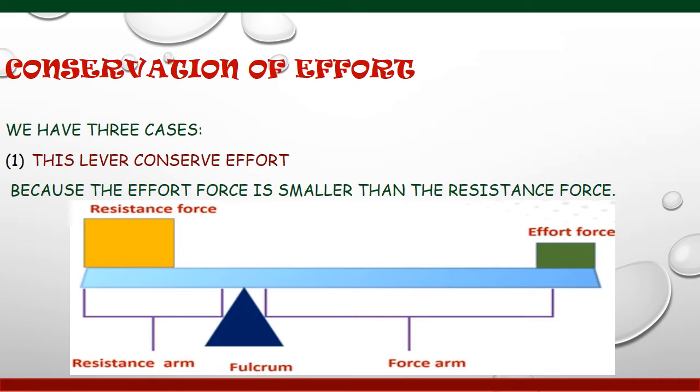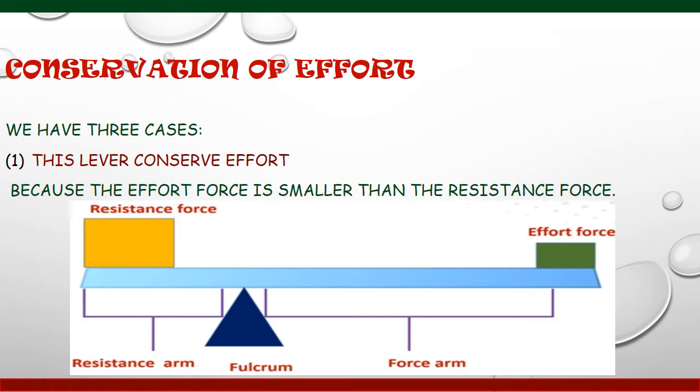So, Miss Rasha said in the classroom, and I will tell you now again, the lever which will save or conserve the effort is the lever which has the effort arm longer than resistance arm.